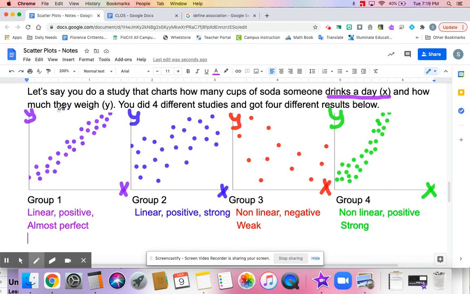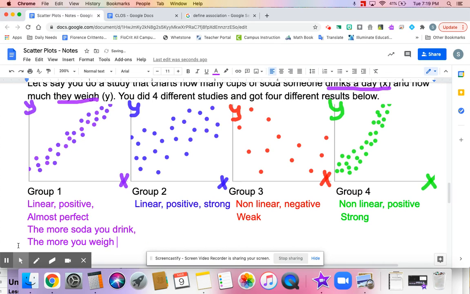So the weight's going up as well. So this one, because it's a positive correlation, is saying that the more soda you drink, the more you weigh. And graph 1 makes sense, right? The more soda you drink, the more weight you have because you're drinking more sugar.